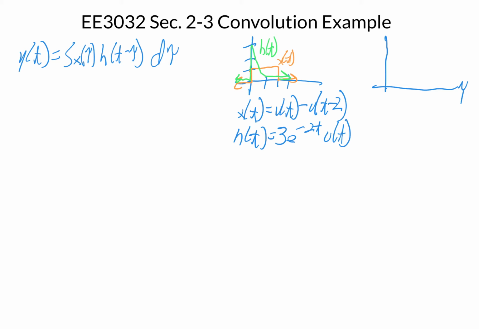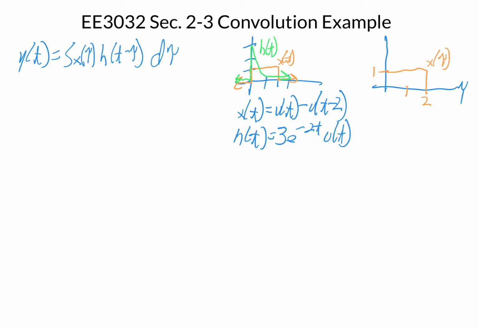And now we're going to draw the two functions. First of all, we have x of tau. So that one just follows the tau variable. That's the simpler one in this case. So x of tau looks like this. From tau equals 0 to tau equals 2, x of tau is right there.